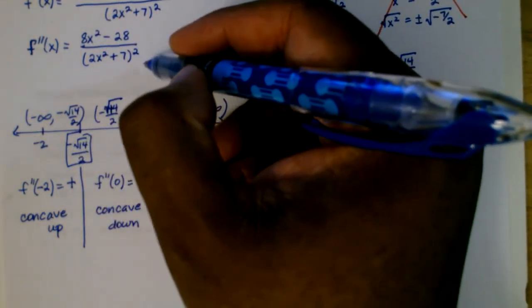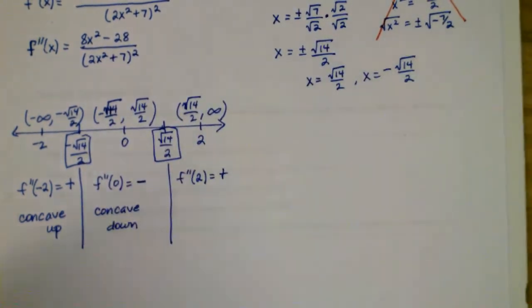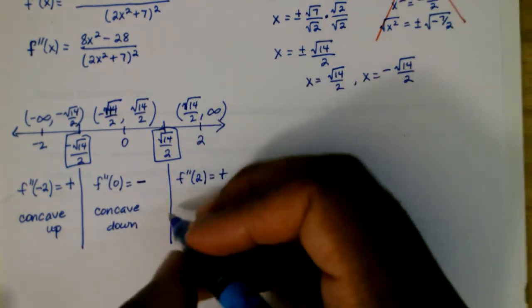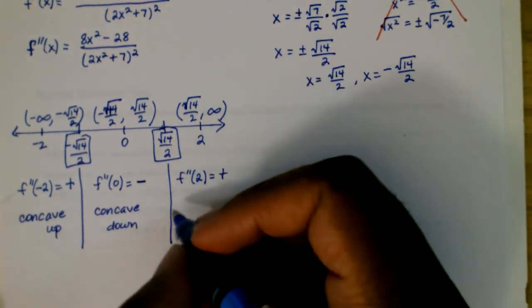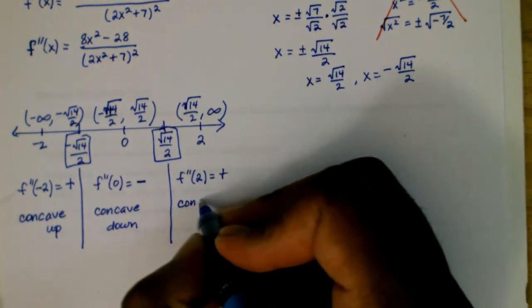The denominator will always be positive in this case. So positive divided by positive will be a positive. So for f double prime on that interval, I'll get positive values for f double prime of x. The graph will be concave up.